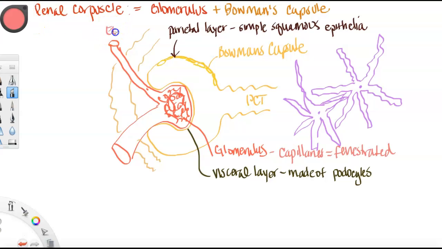This is the efferent arteriole, and this is the afferent arteriole here. And in the distal convoluted tubule are some special cells. And these cells that line the distal convoluted tubule here are called macula densa cells.